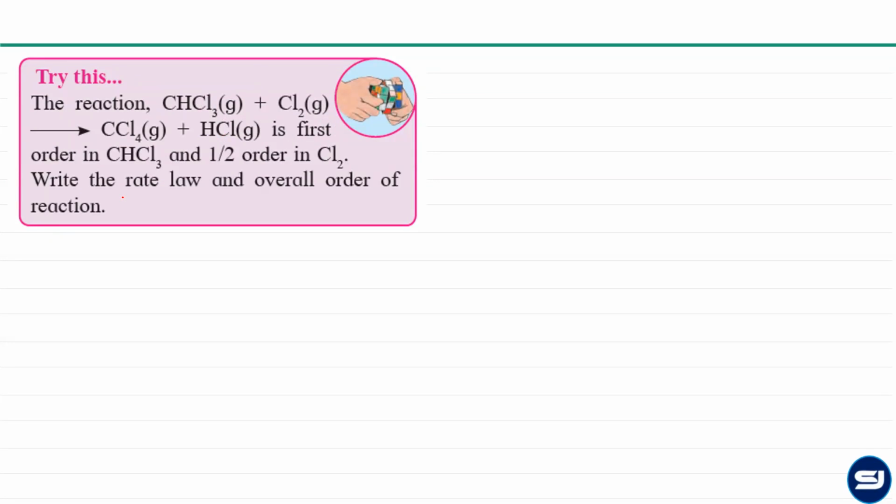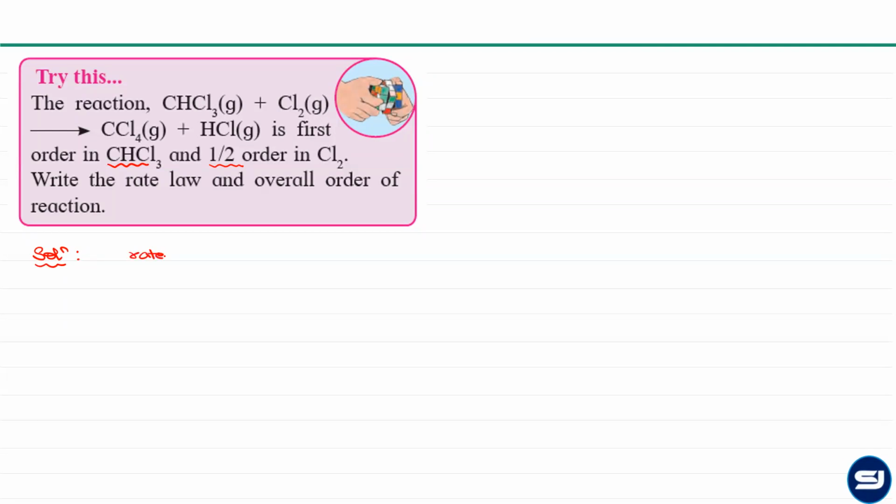Like this, the reaction chloroform and chlorine giving carbon tetrachloride and HCl is first order in chloroform and half order in Cl2. Write the rate law and overall order.